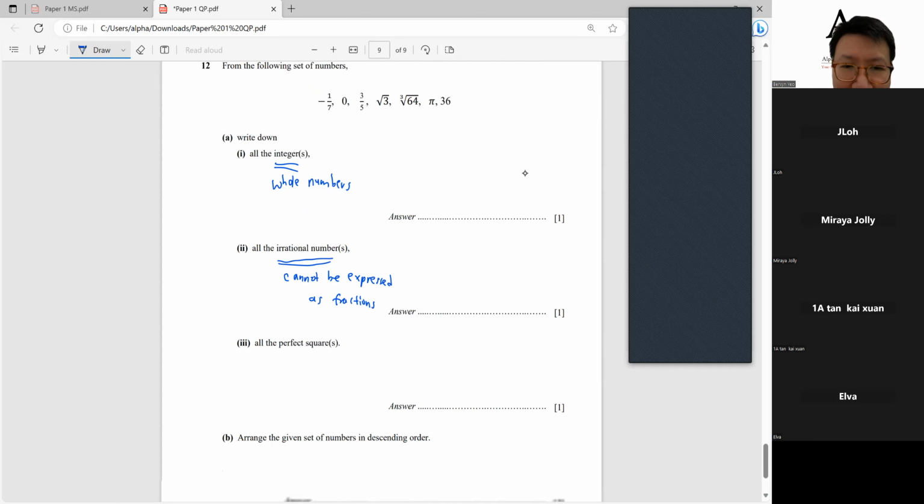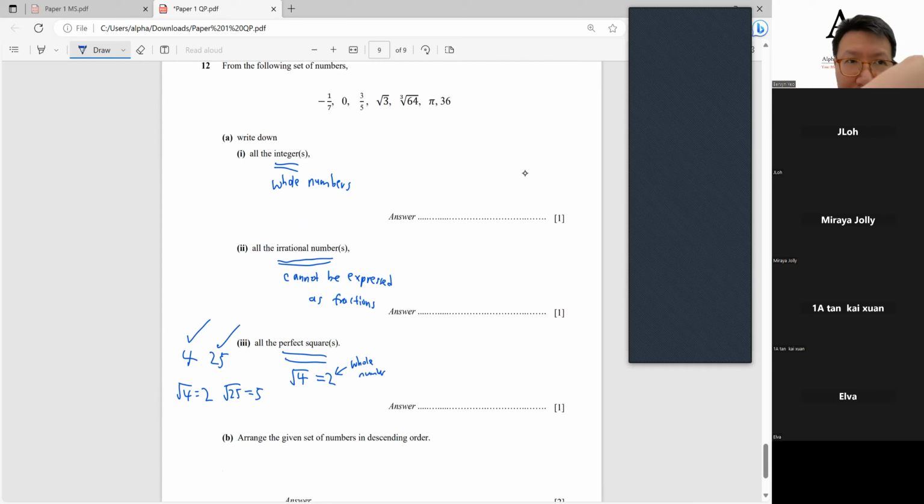And perfect squares, what are they? Perfect squares are numbers where when you square root them, you get a whole number. So 4 is a perfect square. 25 is a perfect square. Because square root 4, you get a whole number. Square root 25, you get a whole number.